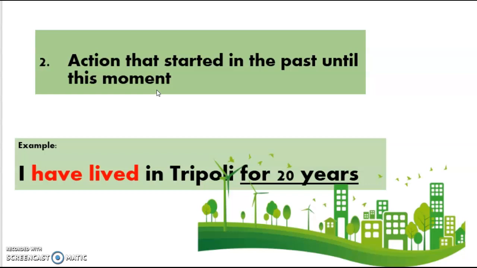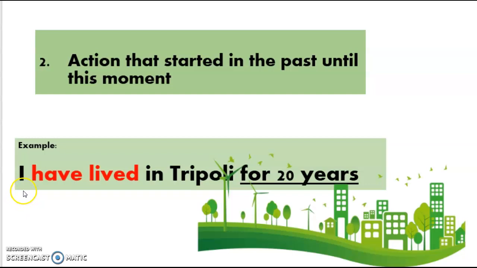But I do not care about what happens now and afterwards. I am stressing that this is an action that started in the past and continued until now. So it's between the past and now only. The stress, however, is on the past.